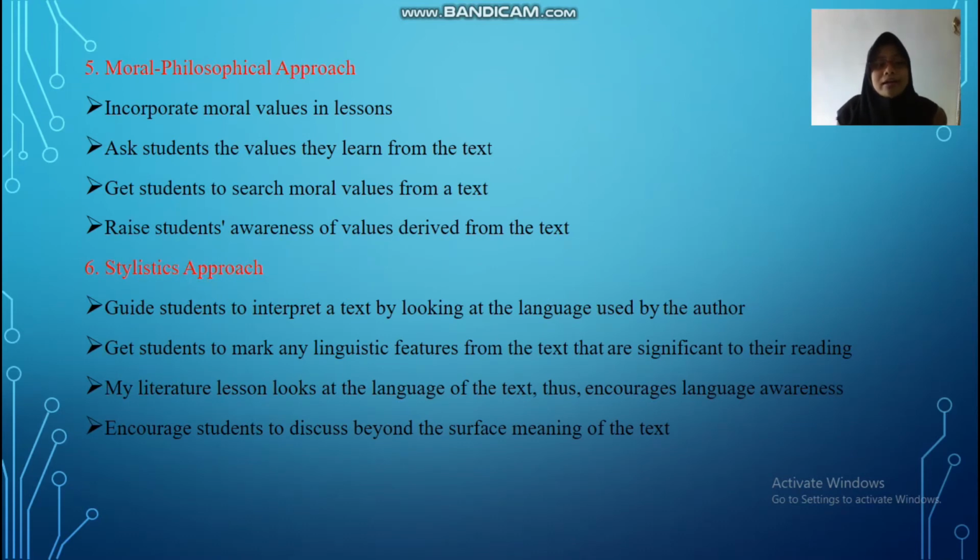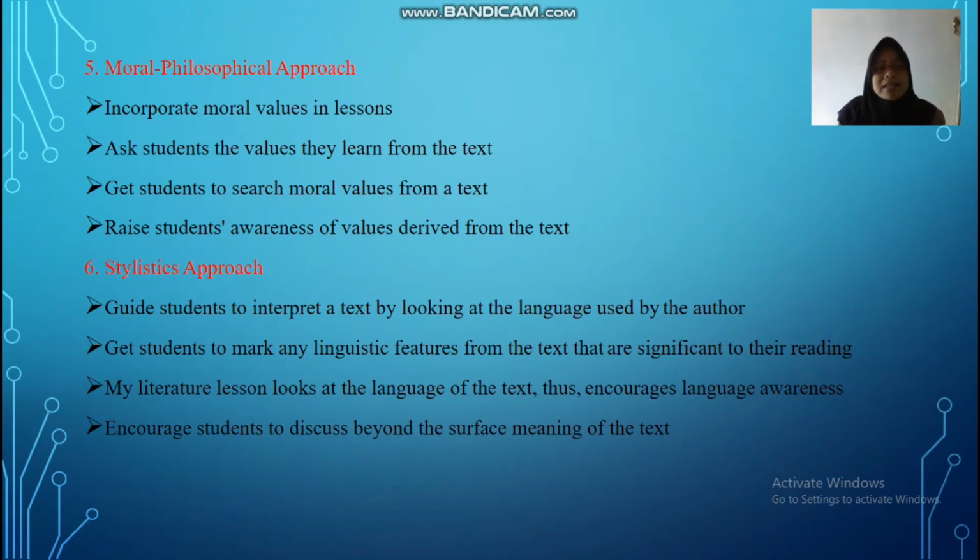On the other hand, there are also 2 more points. The first is the moral philosophical approach, and then the stylistic approach. In the moral philosophical approach, there will be moral values incorporated in lessons, and then students are asked the values they learn from the text, and then get students to search for moral values from a text, and the last, raise students' awareness of values derived from the text.